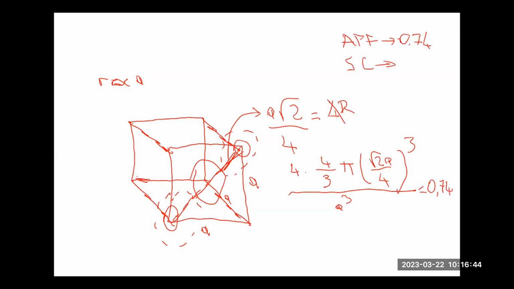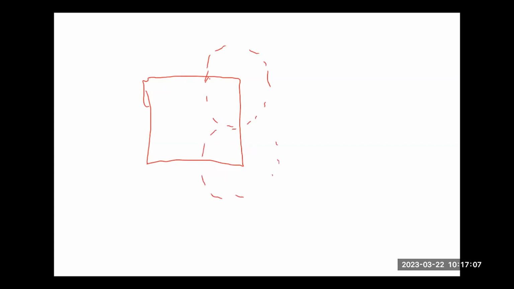How about simple cubic? What's the atomic packing factor? For simple cubic, let's do it quickly. At each corner, we have 1/8 atom. So 2R is equal to 1 lattice constant.